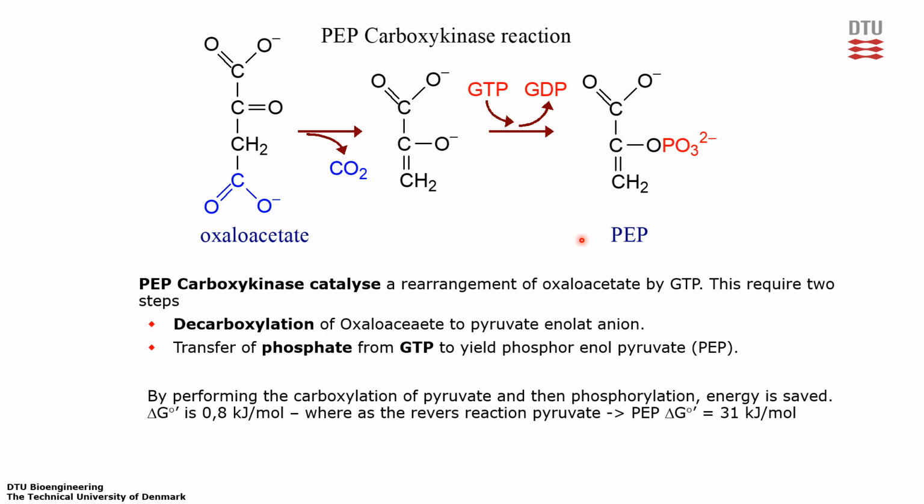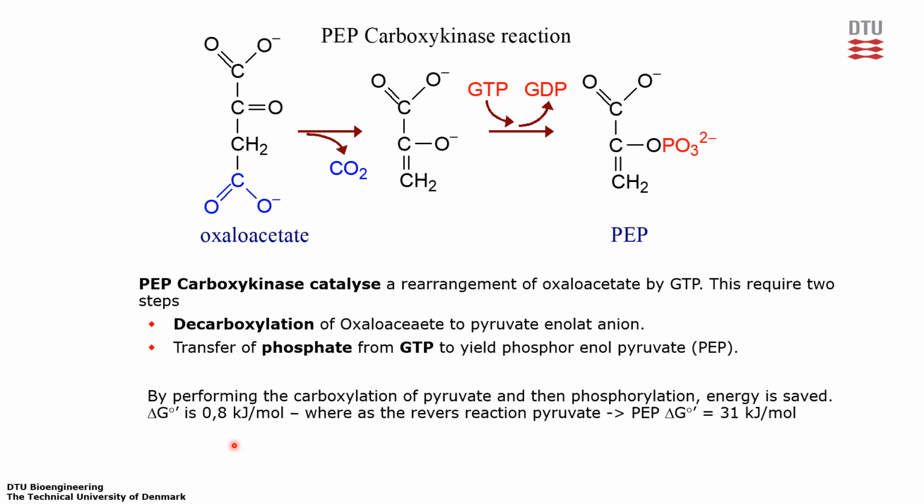So the actual reaction is quite energy saving. This reaction only requires 0.2 kilojoules per mole, that's the total carboxylation and phosphorylation of pyruvate, whereas the reverse reaction, from PEP to pyruvate, actually releases minus 31 kilojoules per mole, as you maybe remember.